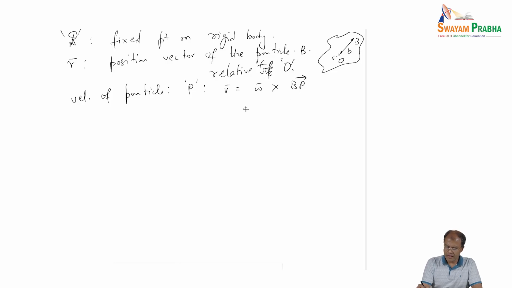Which means that our translational velocity of this object with respect to this new reference point is going to be omega cross (R minus B).